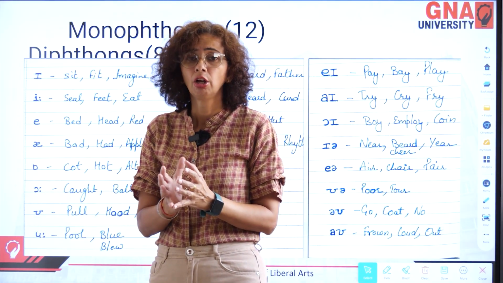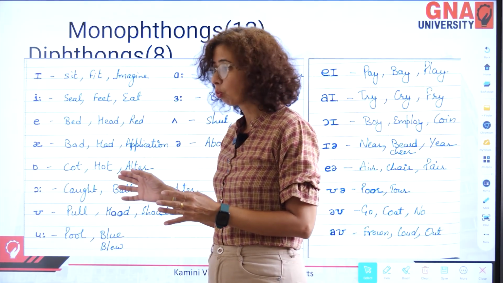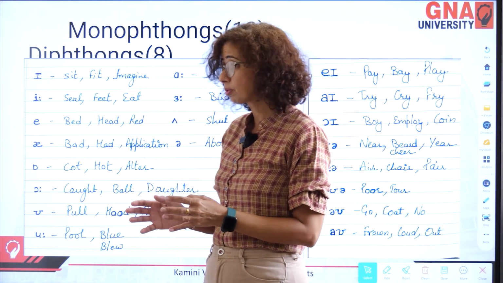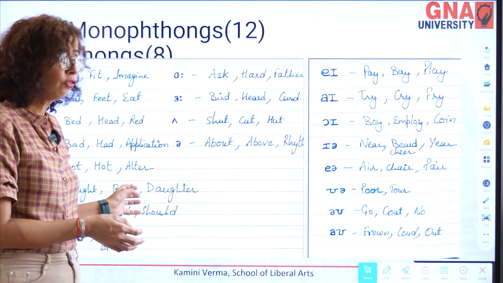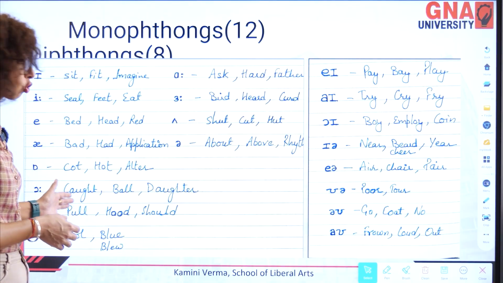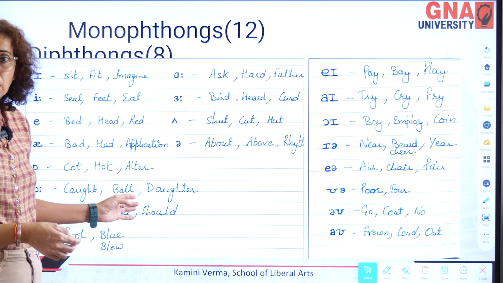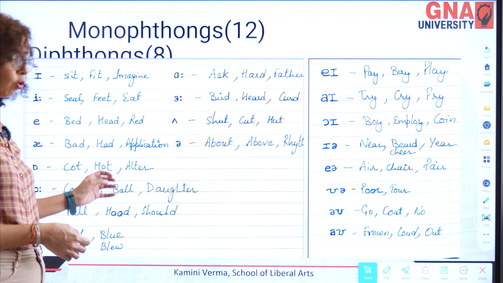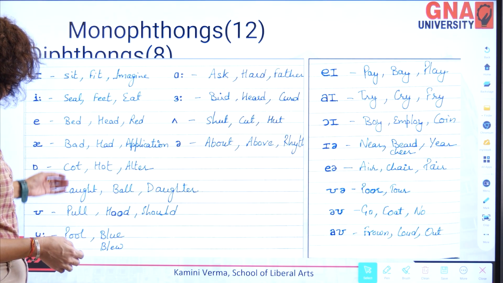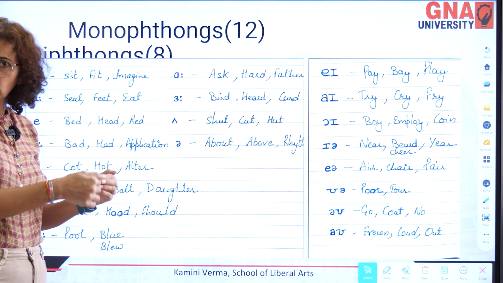For example, if I say the word cot, hot, alter, and the O with the stress, that is caught, ball, daughter. This is the difference of the O. Again, let's take one example of the O sounds that can be replaced. I caught the thief.